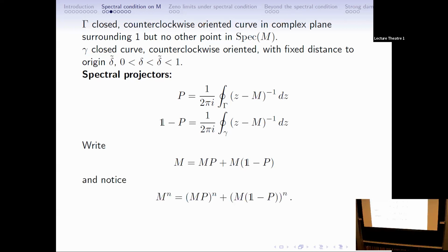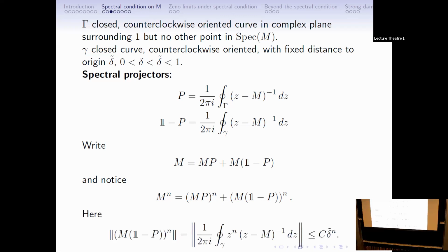Because M commutes with P, if I look at powers of M, then I have these two pieces popping up, and I can deal with them individually. One of them is very simple, because again by holomorphic functional calculus, M times 1 minus P to the power n is given by this nice looking integral.